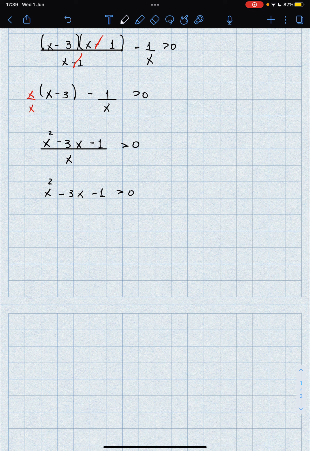So I have to apply the quadratic equation. That's gonna be this way: minus b plus or minus the square root of b squared minus 4ac, divided by 2a. If you don't remember, a is the coefficient of x squared, b is the coefficient of x, and c is the constant.